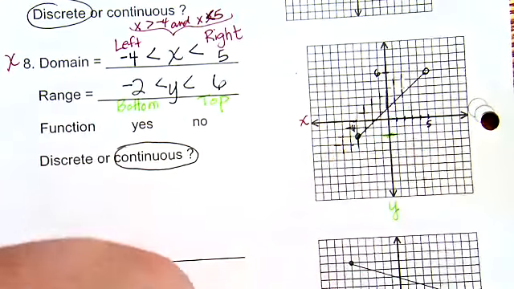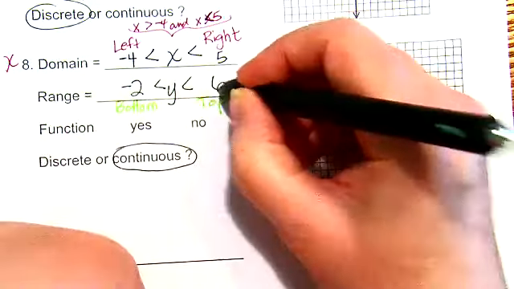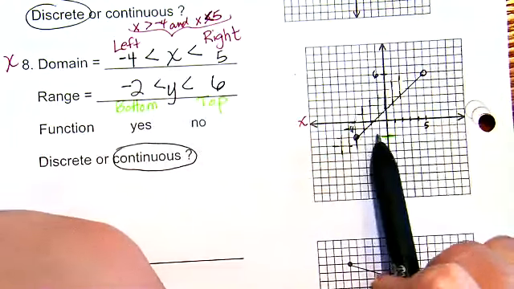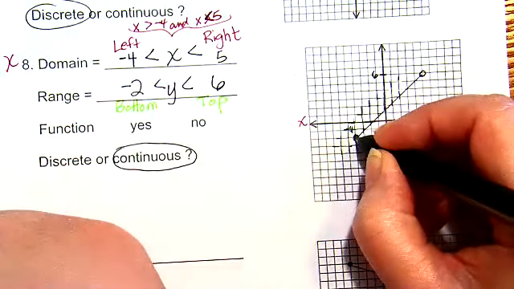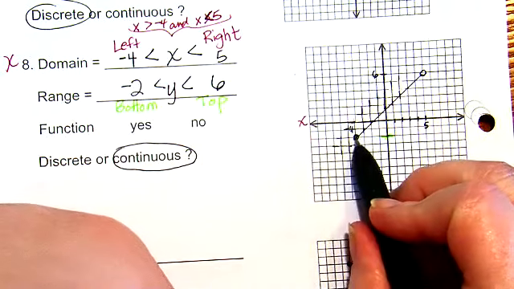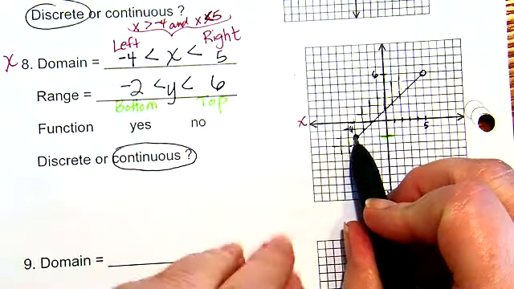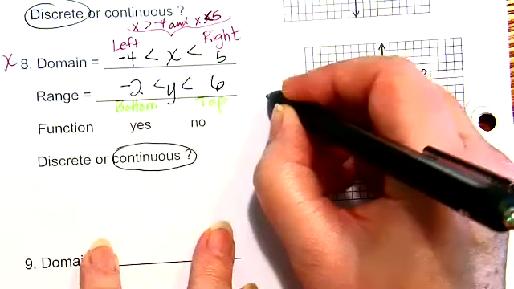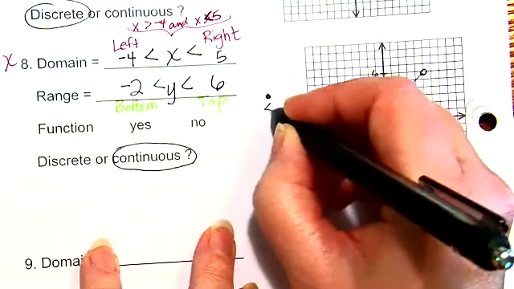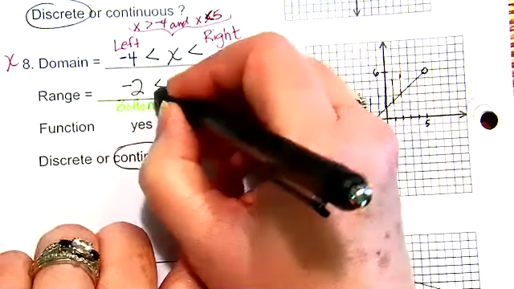Now the one thing I haven't done, and I should have done before I did this one, but let's finish this one. Down here, this one is filled in. It's a complete circle. So if you see a complete circle, you're going to use the symbol with the line in it.